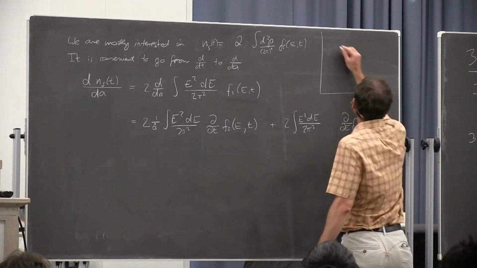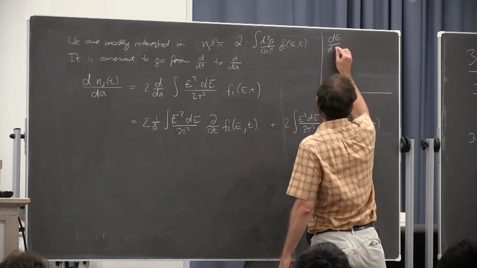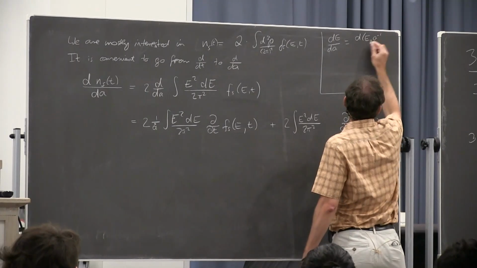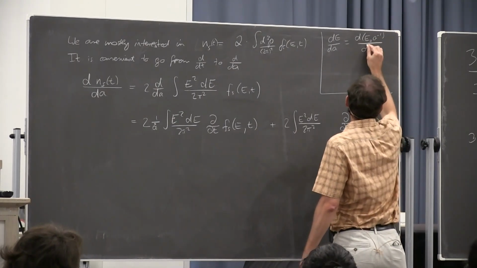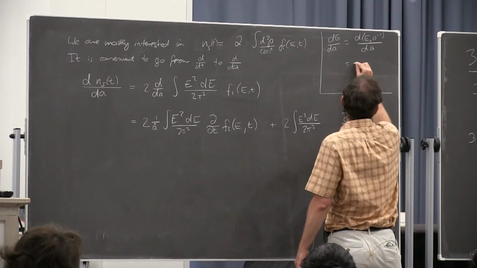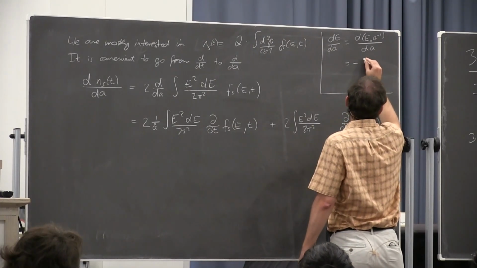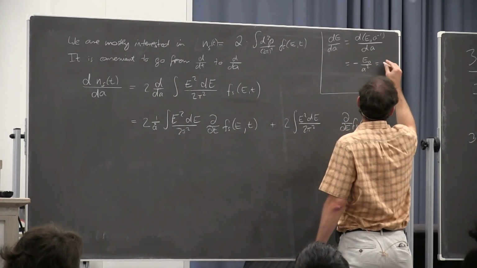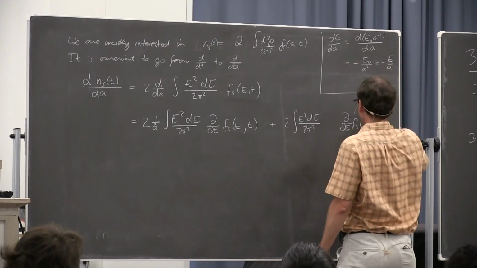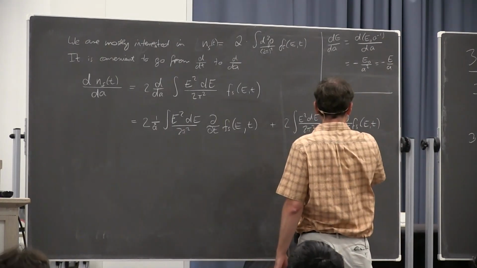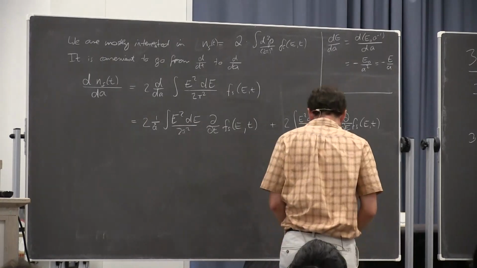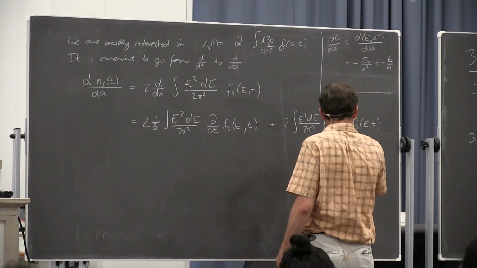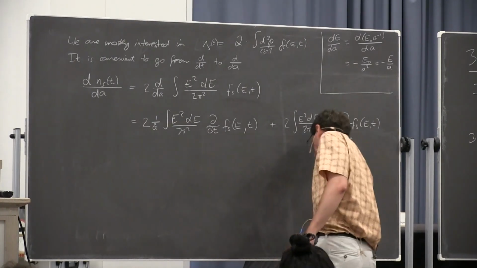Let me quickly say it again. So dE over dA. I again write E as E0 a to the minus 1. If I take the derivative with respect to A, this gives me a minus E0 divided by A squared, which is minus E over A. So I'm going to include a factor minus E over A here from dE over dA.